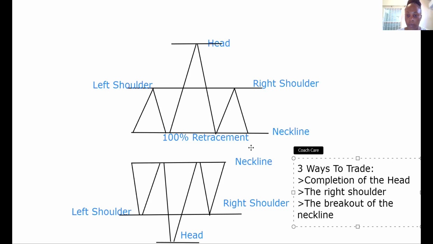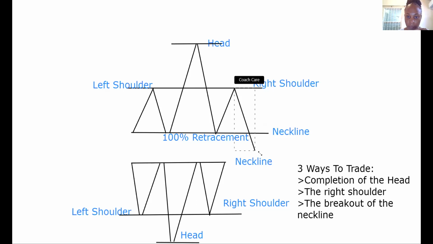So when it breaks up from the neckline, you can then look to sell here. Actually, let me just extend it. So you can look to sell.